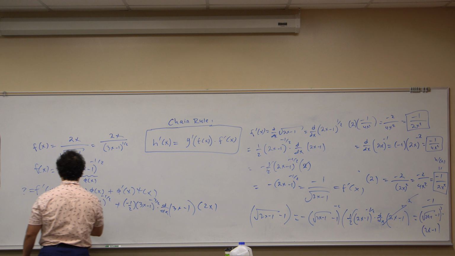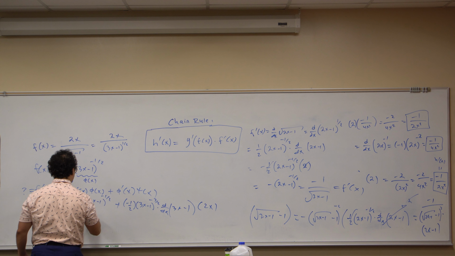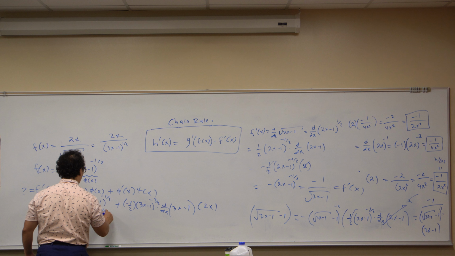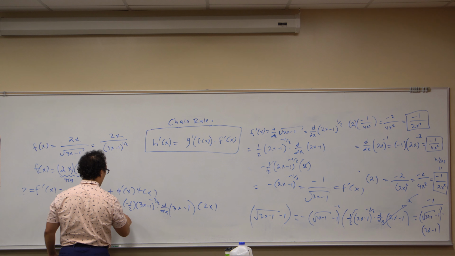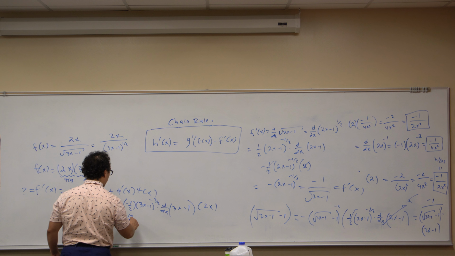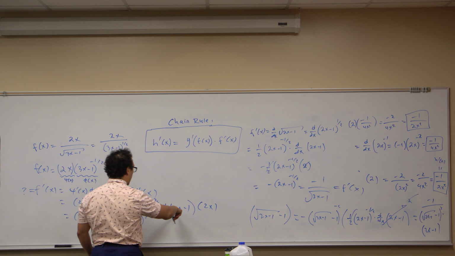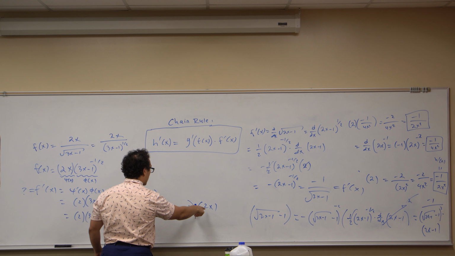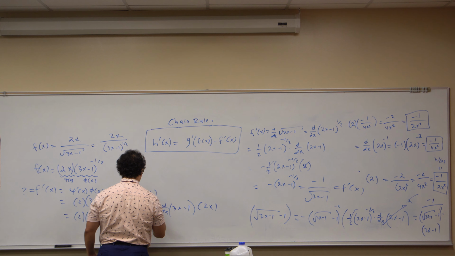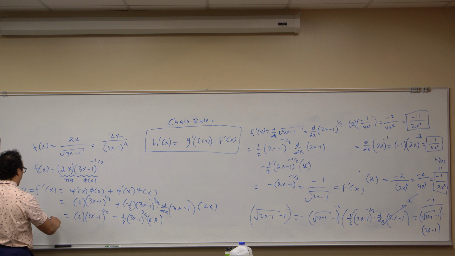So that means this will be equivalent to 2 times 3x minus 1 raised to the negative 1/2 power minus 1/2 times this 3x minus 1 raised to the negative 3/2 power times the derivative of this guy, which will just be 3 times the 2x, so it's going to be 6x. So this is what f prime of x would be.